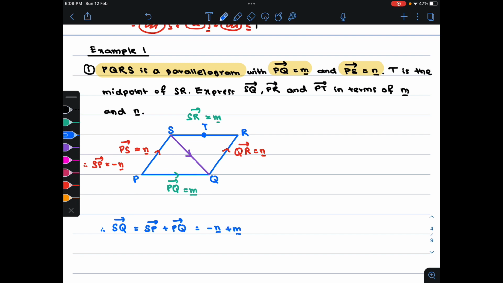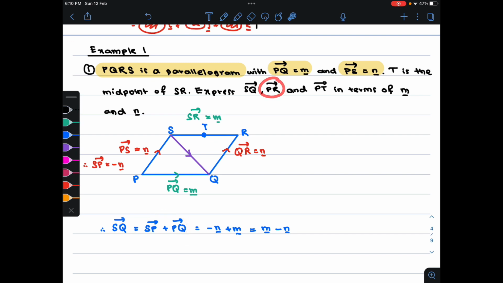So the final answer is vector m minus vector n. Note that to get SQ, we do SP plus PQ. If we cancel out P from the middle, we are left with SQ only. That is one way of knowing whether this is correct or not.